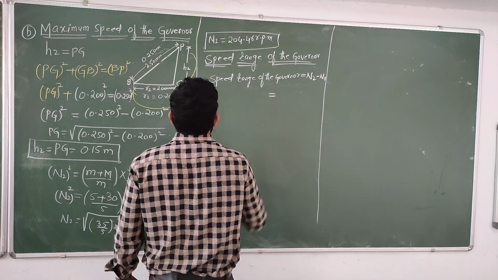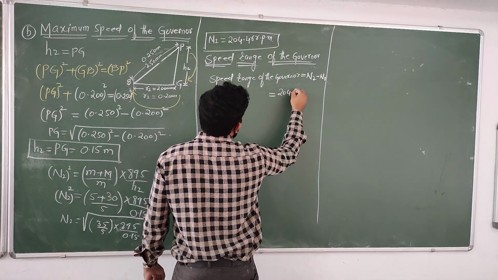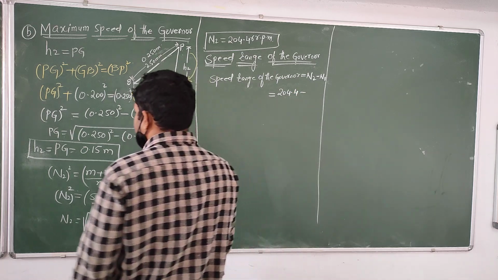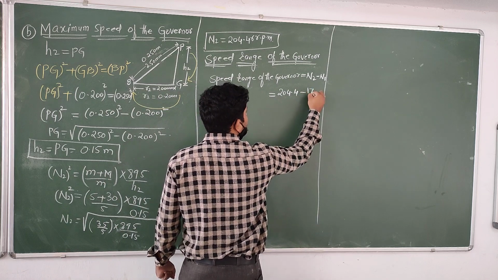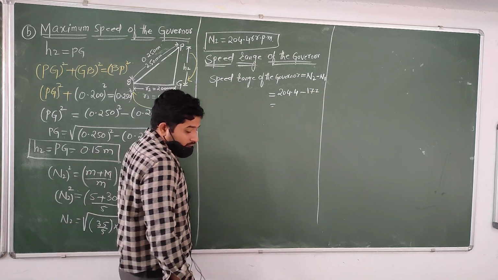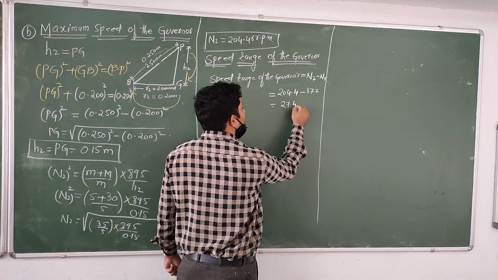Okay, then N2 value is 204.4 minus N1 value 177 RPM. If you subtract this value, then you will get the answer 27.4 RPM.